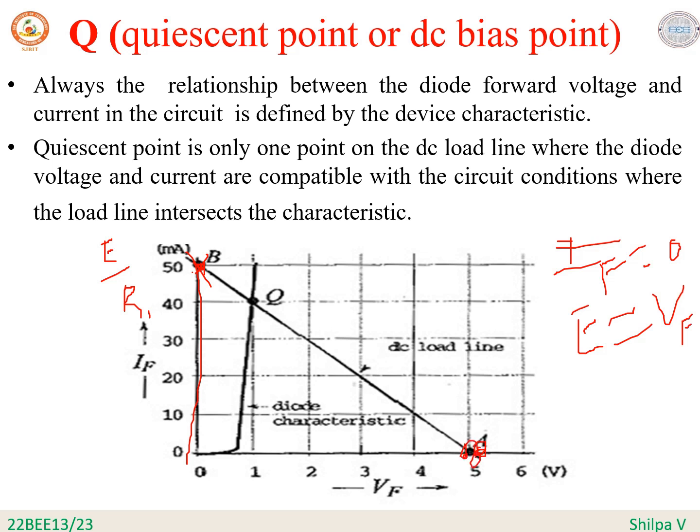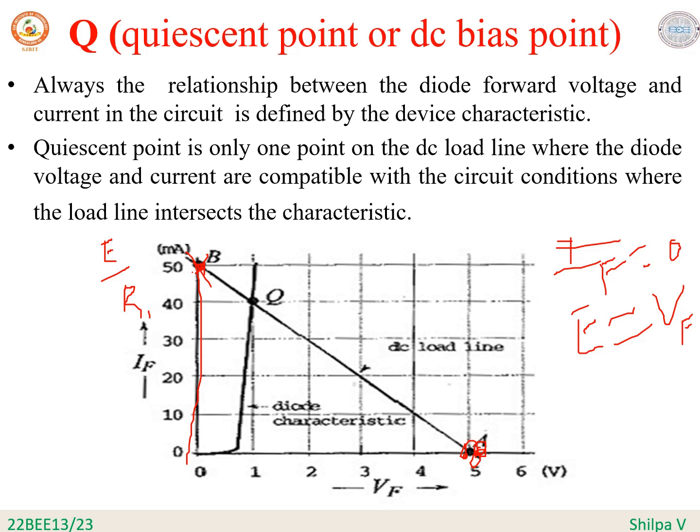Understood? So when your current is 0, the voltage you get, you mark it on the x-axis. When you give voltage as 0, the current you get, you mark it on the y-axis. Join these 2 points, that itself is your DC load line. Is it clear? That is the DC load line of a diode.